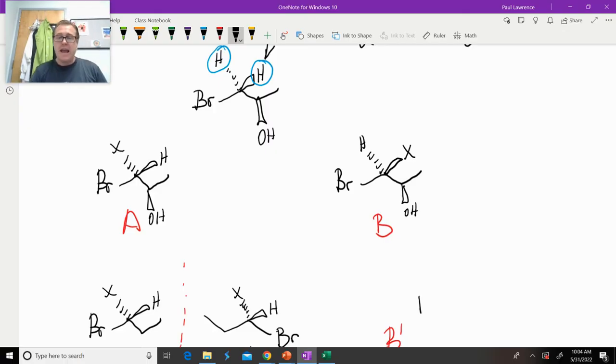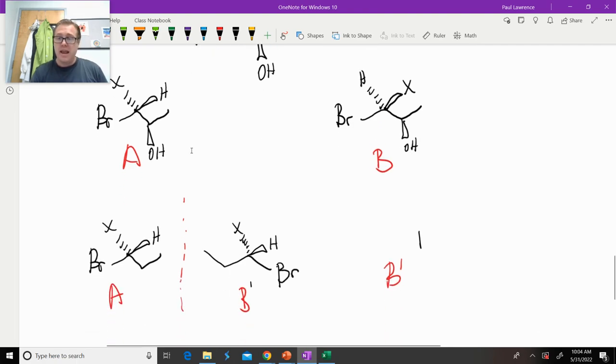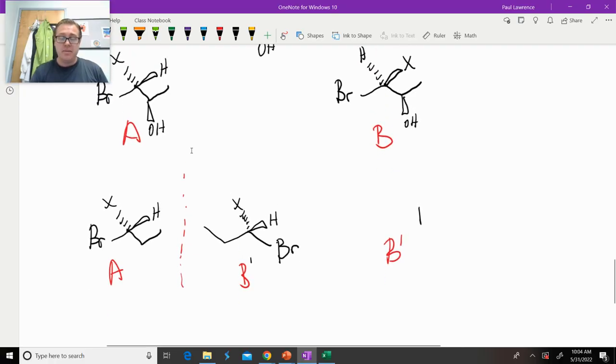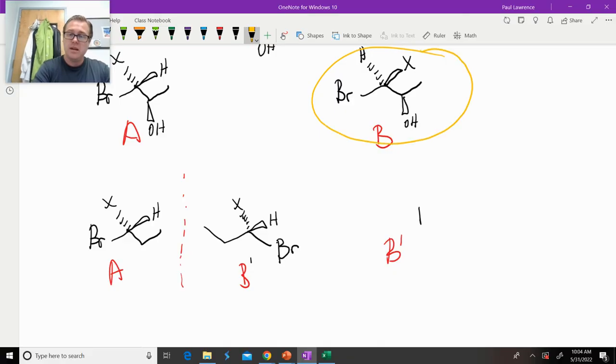So when you look at A and B, you can clearly see that they are not superimposable because the X's and the hydrogens don't match up. So what if we take B and flip it around? Now if I flip B around 180 degrees, so I'm going to take this molecule right here and rotate it 180 degrees.